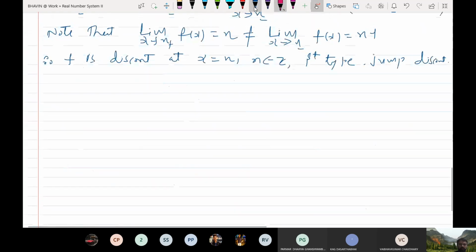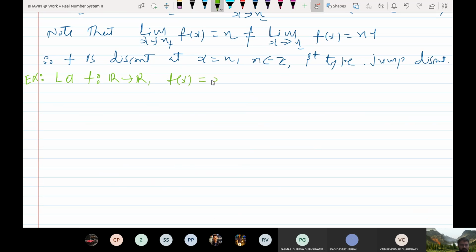Now let's take a new example. Suppose I am defining f from R to R in this way: x minus bracket x. This is also known as the fractional part function.